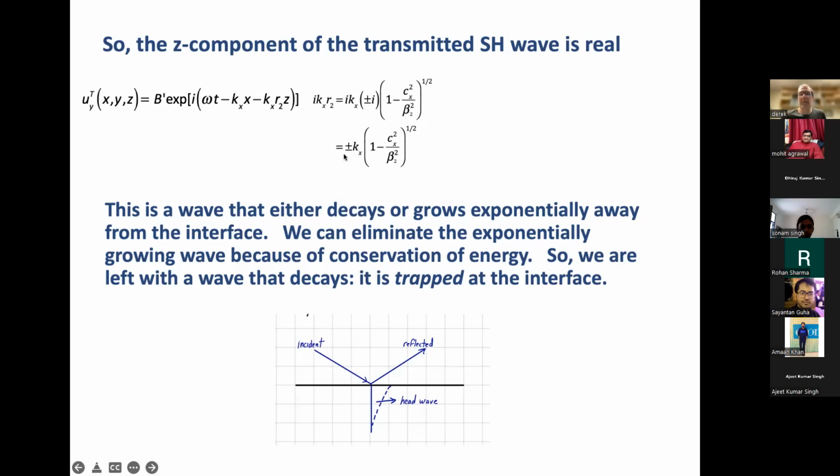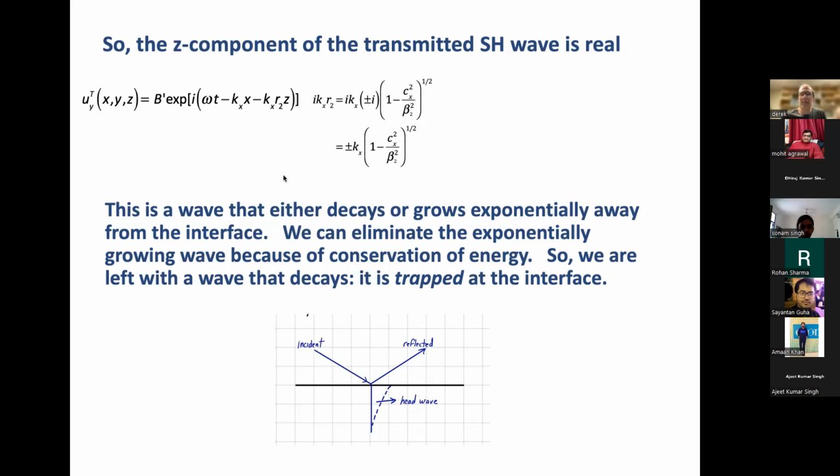So we can determine which value is realistic, the positive or negative value. If we have a positive value, then this formula here will grow exponentially as we get away from the interface. And that would violate conservation of energy.